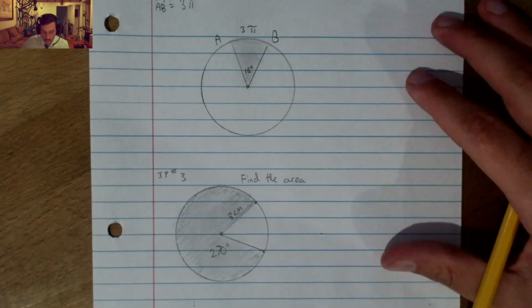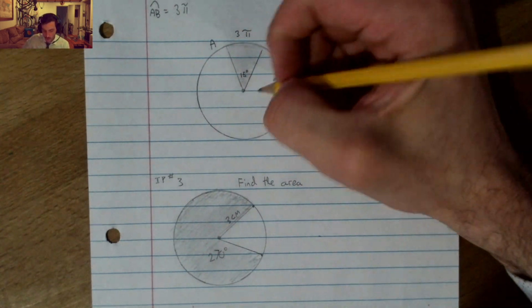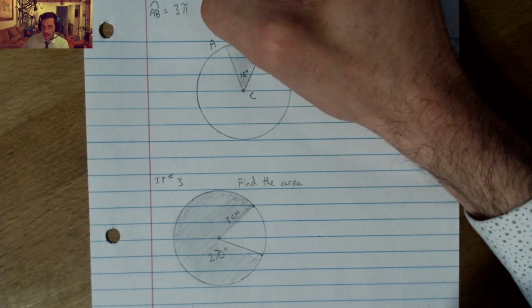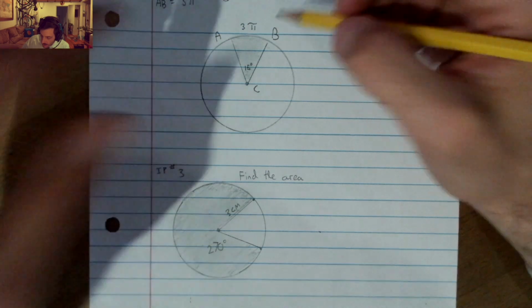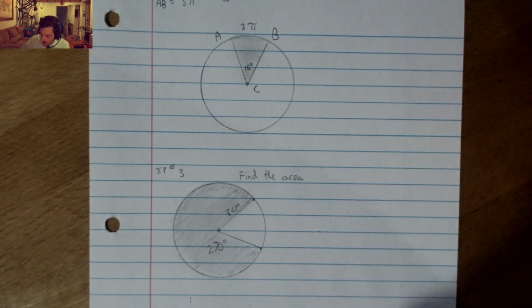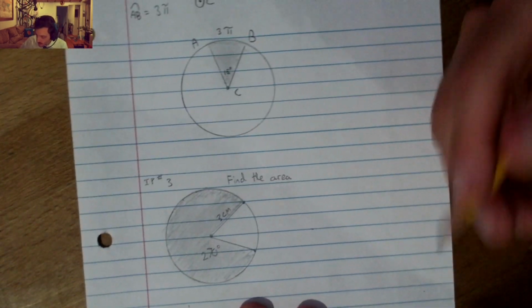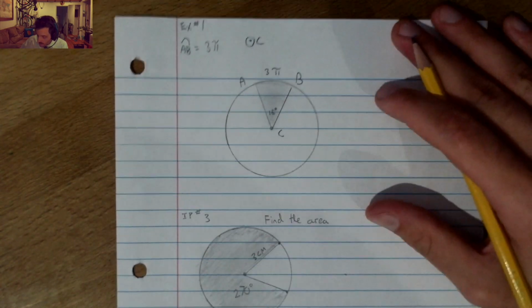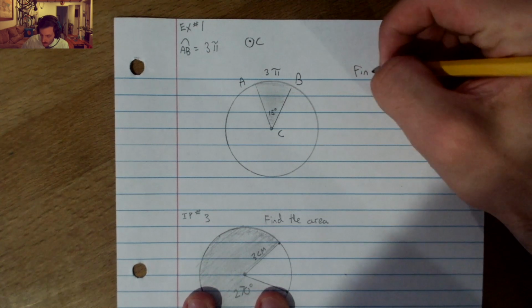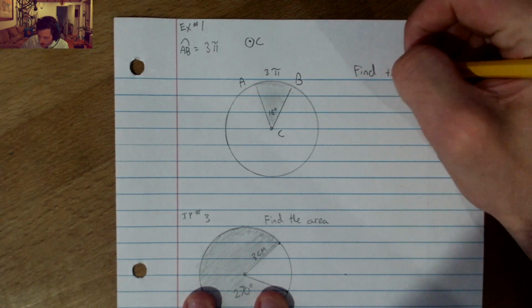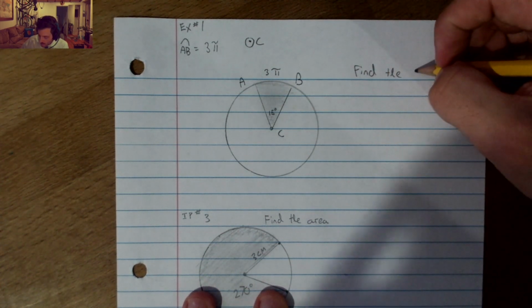In our first example here, we have circle, we'll say C. And in circle C, we have points A and B, or arc AB. What I'm going to be asking you for in this particular question is we want to find the whole circumference.